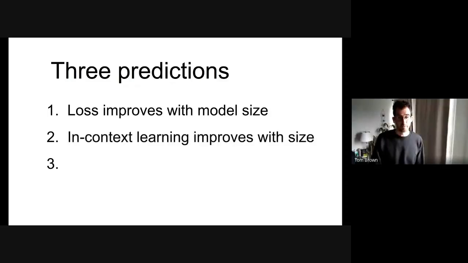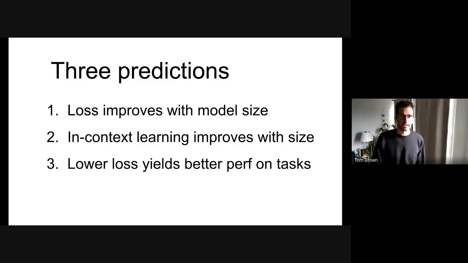Also from the scaling laws paper, in-context learning improves with size, so you get more in-context learning, or meta learning, as the model scales. And finally, that a lower loss is correlated with better performance on many downstream tasks.